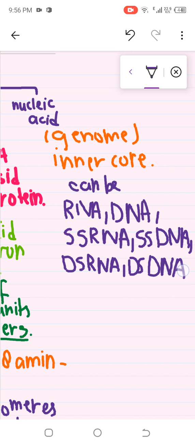So these are some genomes, but here we have only a single type of genome. It can be either DNA or RNA. Both DNA and RNA cannot be present.